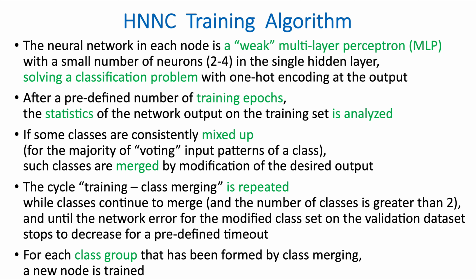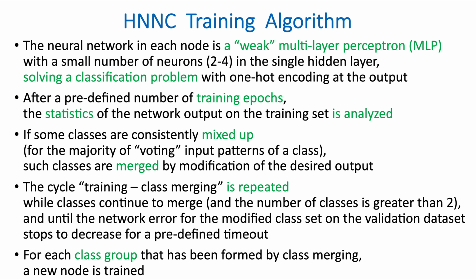If some classes are consistently mixed up for the majority of input patterns of a class, such classes are merged by modification of the desired output. The cycle of training and class merging is repeated while classes continue to merge and the number of classes is greater than 2, and until the network error for the modified class set on the validation dataset stops decreasing for a predefined timeout. For each class group that has been formed by class merging, a new node is trained.